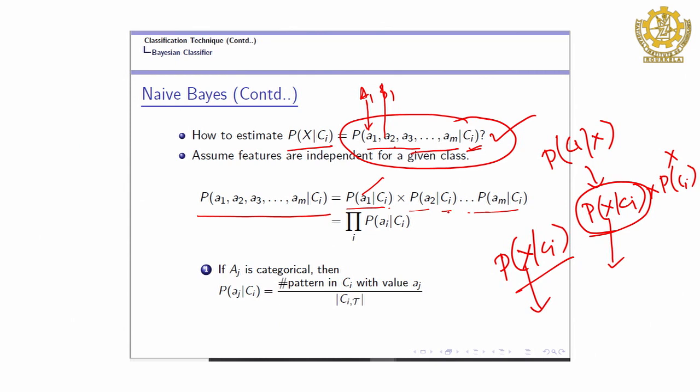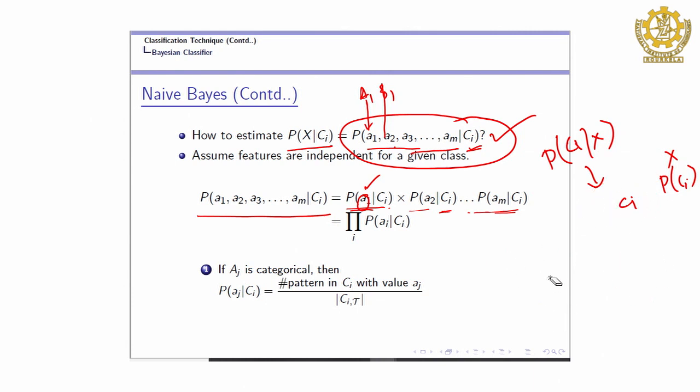Now, once you get this, the problem is how to compute each individual value here. This value can be categorical or continuous, as we learned data can be categorical or continuous. If it is categorical, life is very simple. So, what is the probability of A1 given C1? Let us say I consider the feature sex, with values male and female, and we have some class label here.